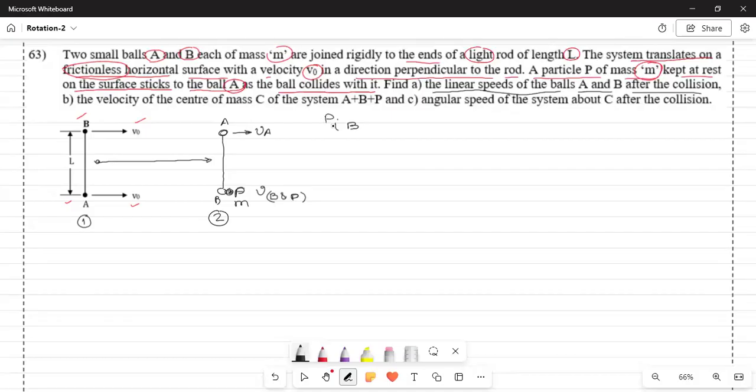Initial momentum of the ball B was its mass M and velocity V0. And final momentum of B also is its mass into the final velocity.